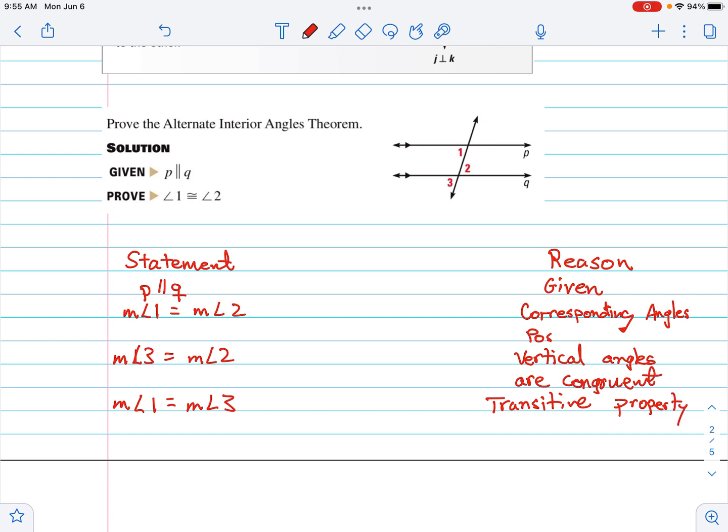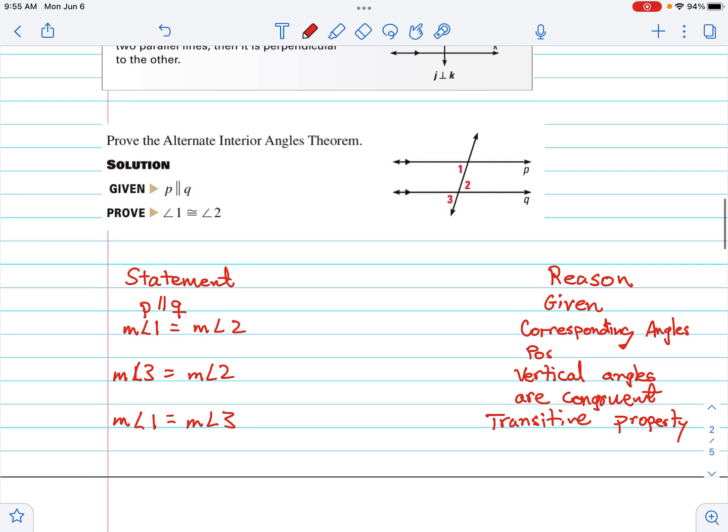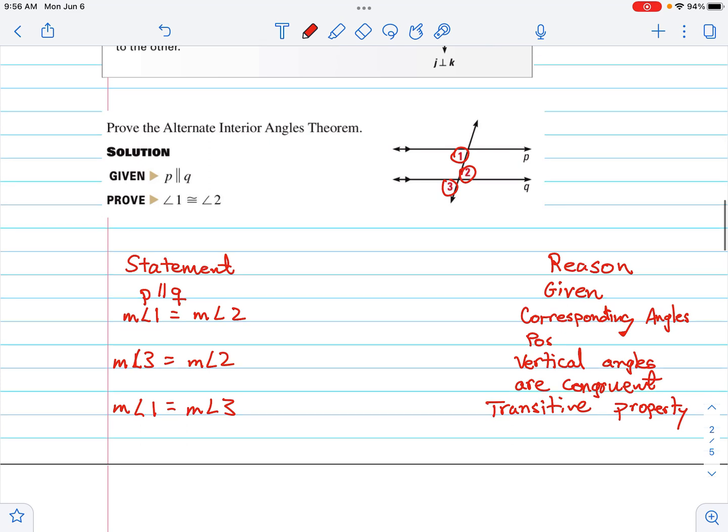So there, we've proven it. Angle 1 is congruent to angle 3, or the measure of angle 1 is equal to the measure of angle 3. I was using measures instead of congruence, but anyway, that's how that goes. We showed that 1 is congruent to 2, and that 3 is congruent to 2. Therefore, 1 must be congruent to... actually, I wrote this wrong, didn't I?